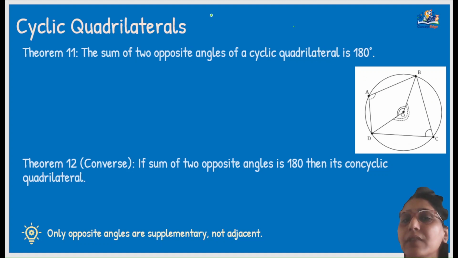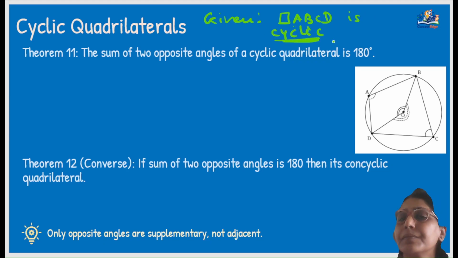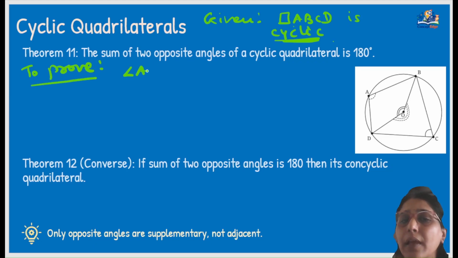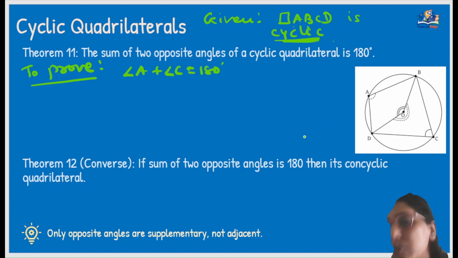The given is that quadrilateral ABCD is cyclic, meaning all the vertices are on the circle. Now I have to prove that angle A plus angle C is 180, and the remaining two angles are also 180.